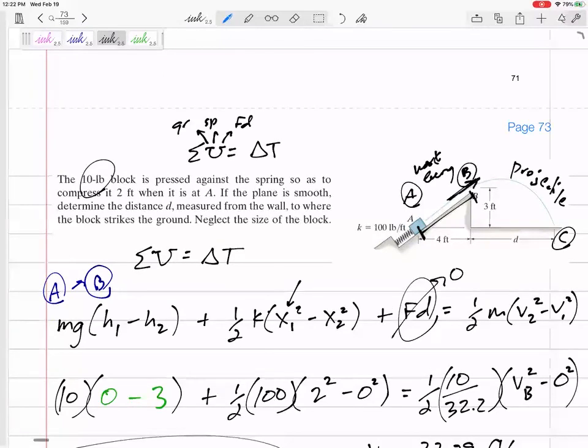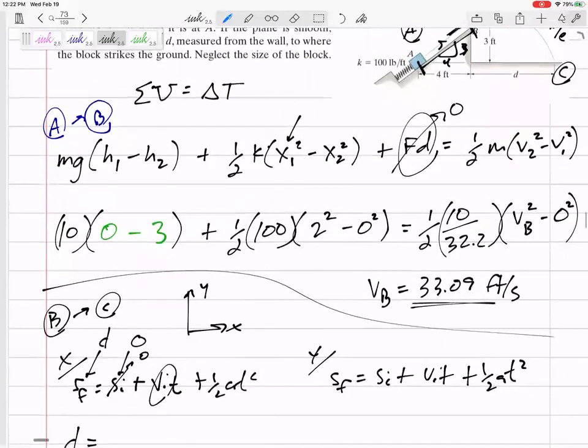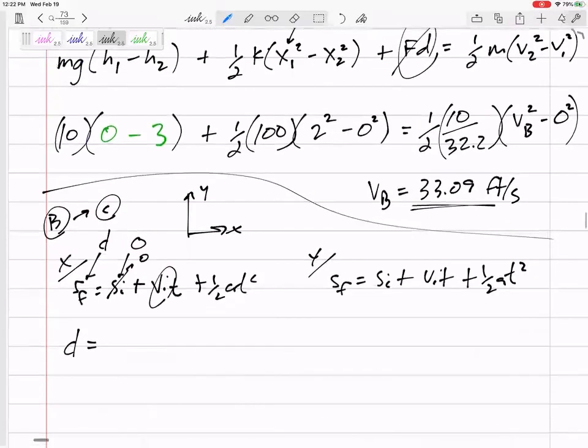So it's at this 3, 4, 5 angle. So the X component will be 4/5 of 33.09 t. And there's no acceleration in the X direction for projectiles. All right, so there's one equation.